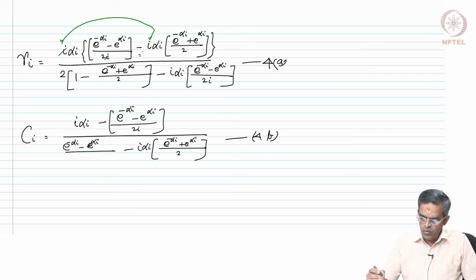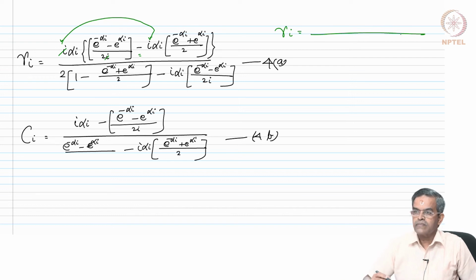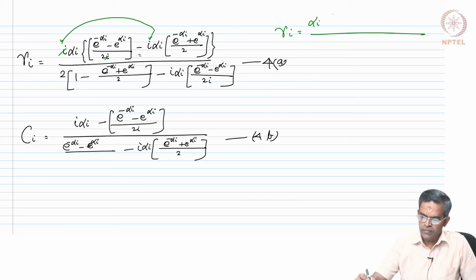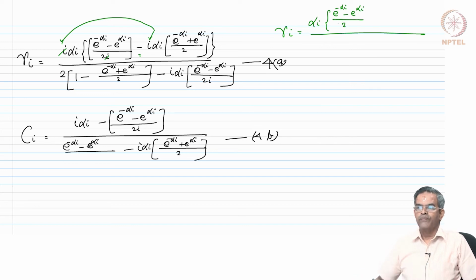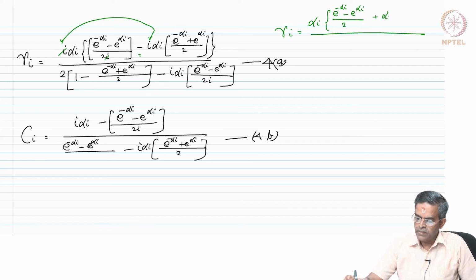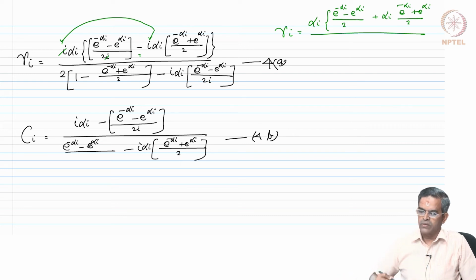So, I am writing this new Ri as alpha I times of E minus alpha I minus E alpha I by 2, plus alpha I times of E minus alpha I plus E alpha I by 2. Am I right?